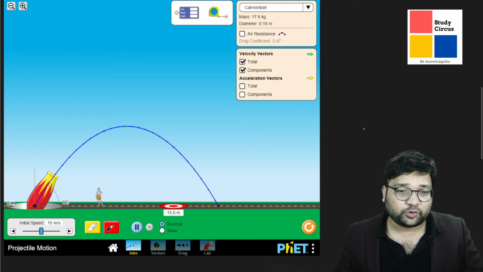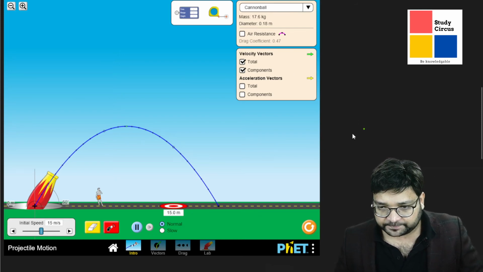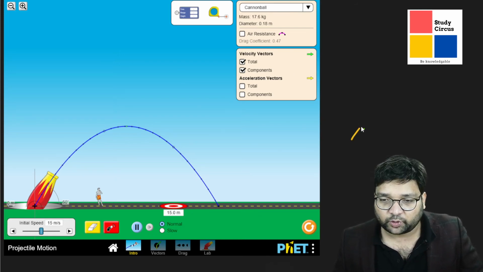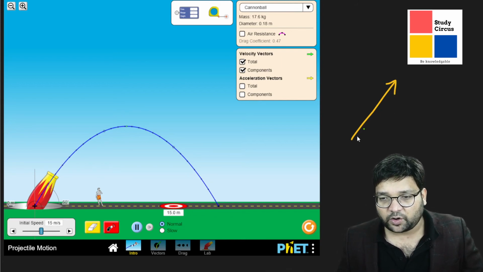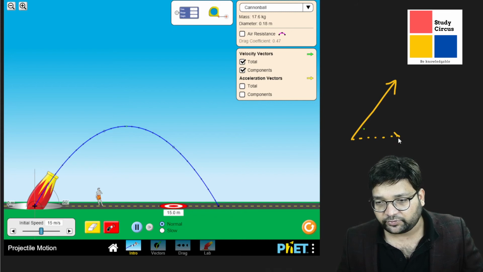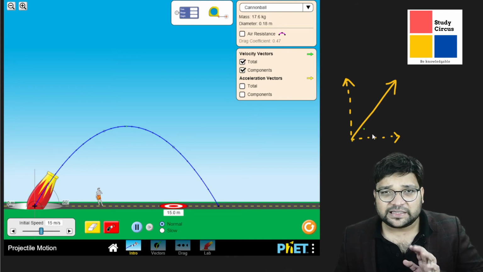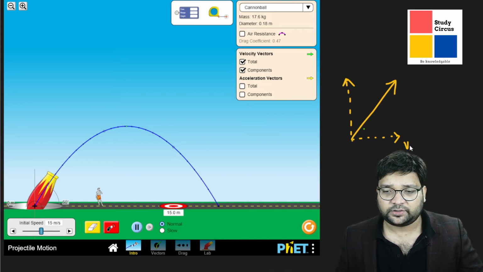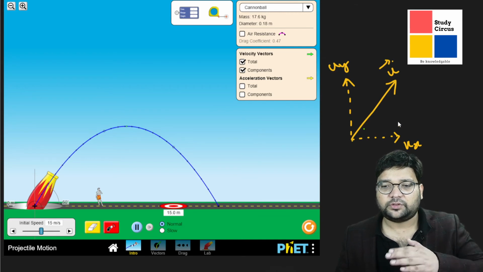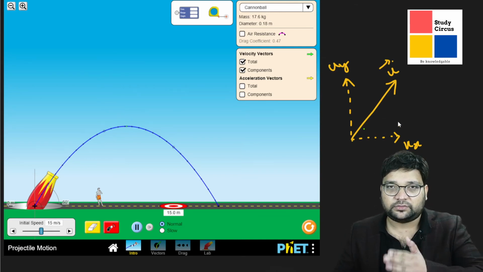What I have told you until now is that the projectile was thrown with some velocity. This was the initial velocity. It had some horizontal component and some vertical component, right? This is the initial velocity, u initial, ux initial in the x direction and uy initial in the y direction. This was your u in total. The resultant, the vector sum of ux and uy, is the u vector, obviously.